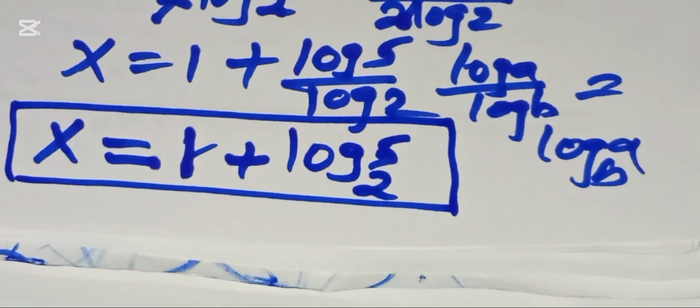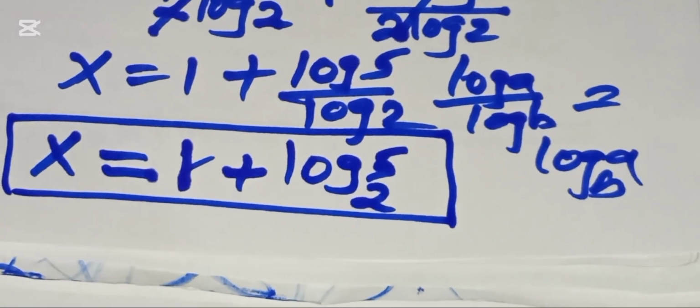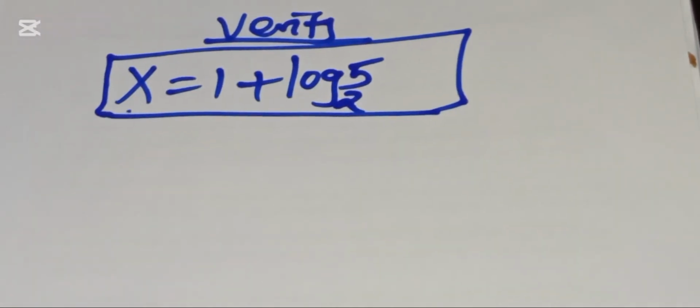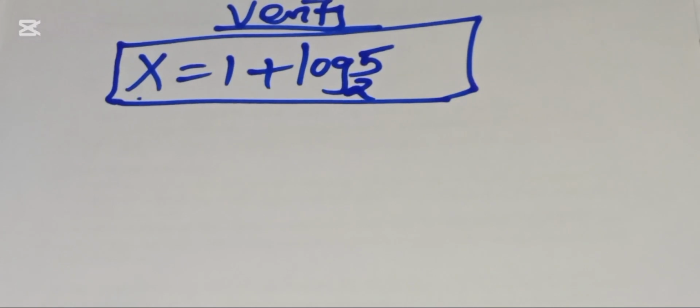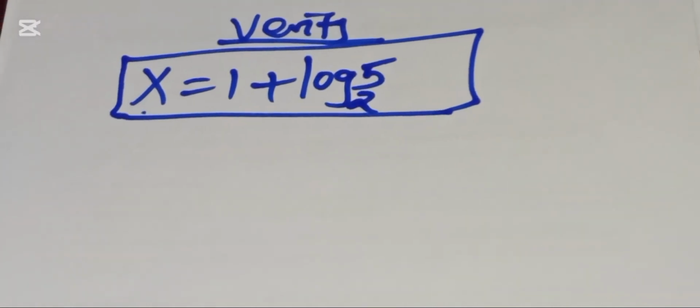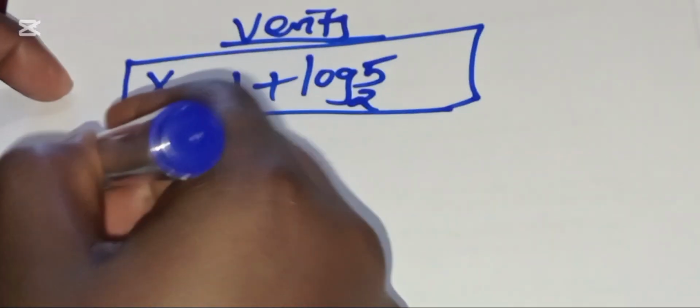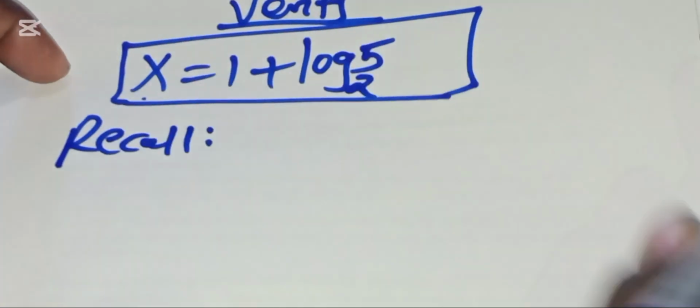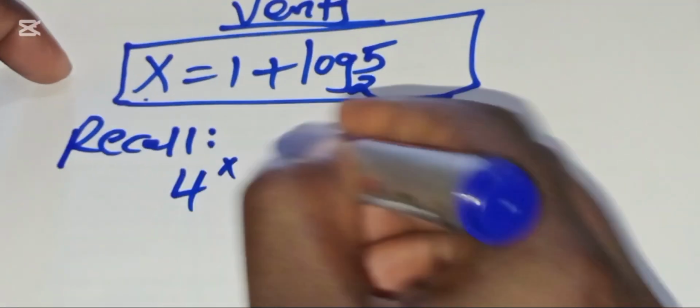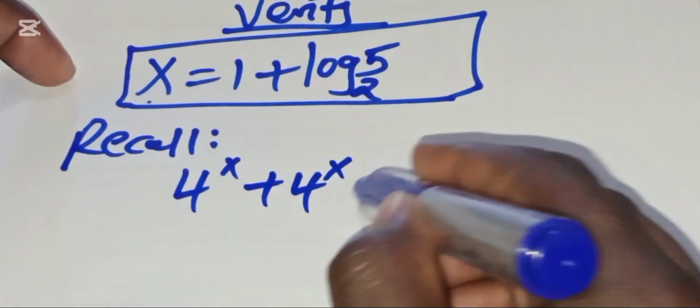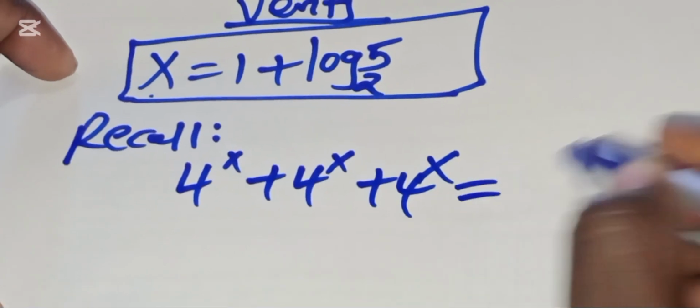Let's verify that the value of x, which is 1 plus log 5 to base 2, satisfies the equation. As you might recall, we had 4 raised to power x plus 4 raised to power x plus 4 raised to power x equal to 300.